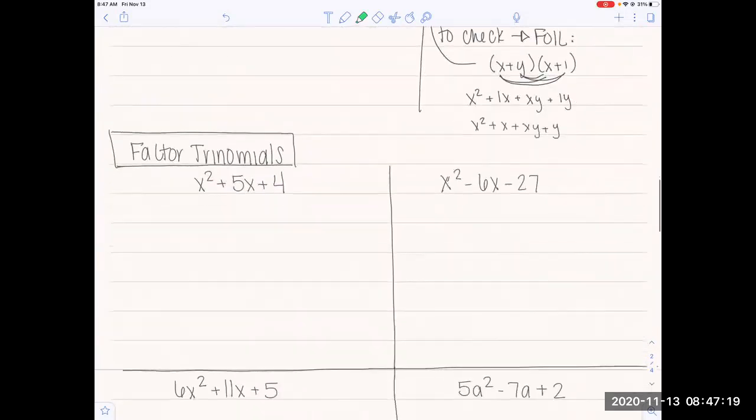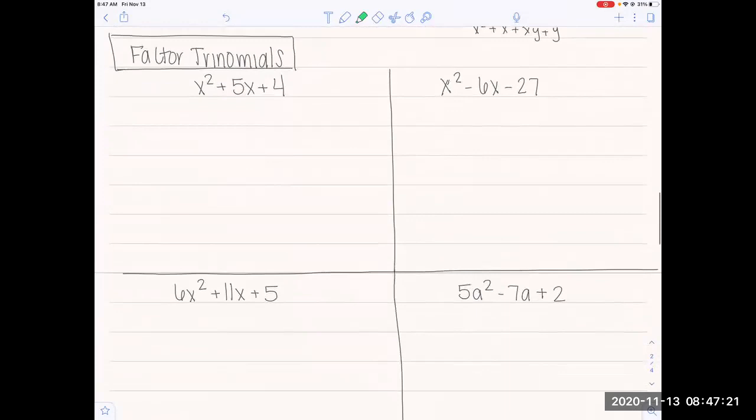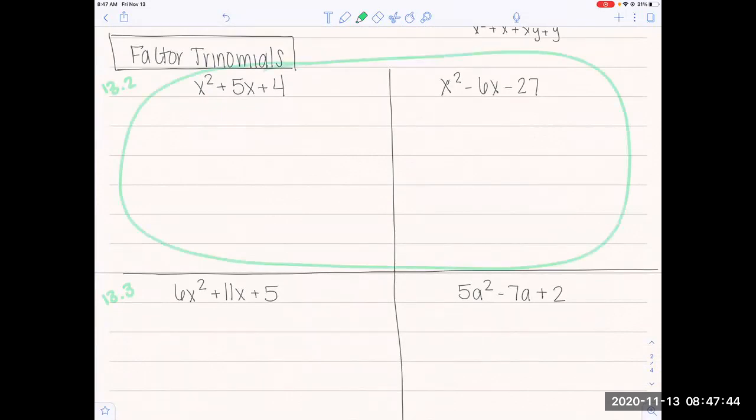So here's what we spent this week doing, is factoring trinomials. I just picked 4 random ones. I did 2 from 13.2 and 2 from 13.3. And so the only difference between 13.2 and 13.3 was in 13.2, this top row, we had a equals 1, or we didn't have a number in front of x squared.